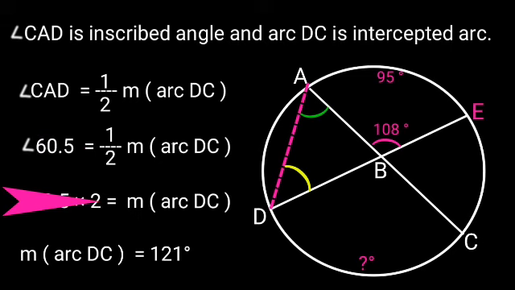The 2 on the right-hand side is divided, so it will be multiplied to the left-hand side. Hence 60.5 into 2 is equal to the measure of arc DC. Hence the measure of arc DC is equal to 121 degrees.